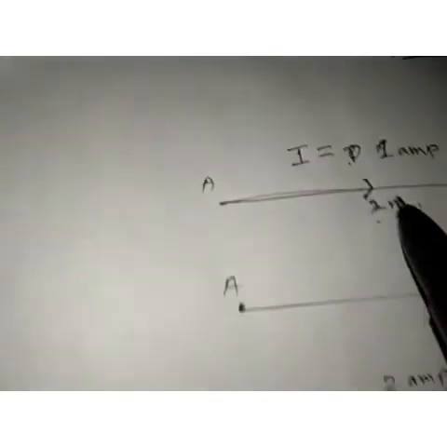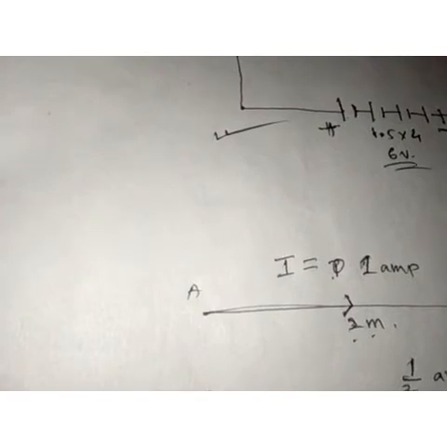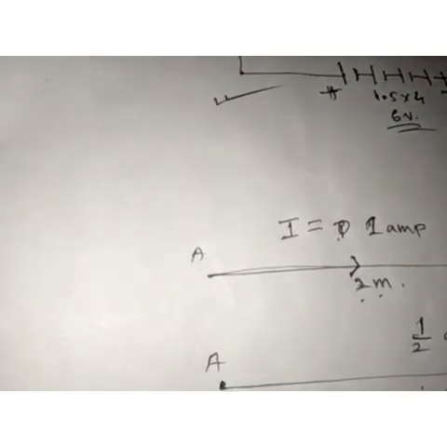Then first of all, what you have learned: the current becomes half, decreasing to 1/2, when the length of the wire is made double.